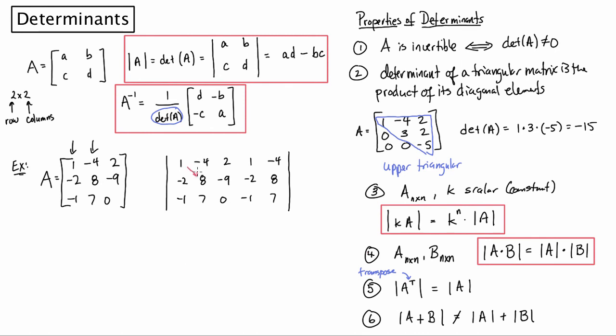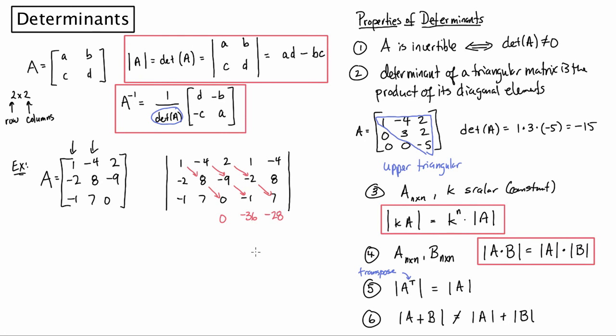If I take the downward diagonals, which are these, and find their products, then the product of the first diagonal here is 0, because 8 times 0 times 1 is 0. And then here it's negative 36, and then here it's negative 28.